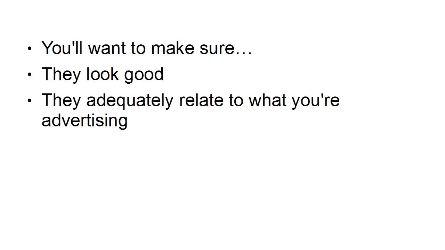I know some people say, oh, do something completely different because then it'll stand out. Well, maybe. But as a general rule, if, like in the last slide, we were showing an image of a dessert, you would want to make sure that image fitted something to do with desserts. You wouldn't want to have something like that for selling jeans or something like that. You want to make sure that it does actually relate to what you're advertising.